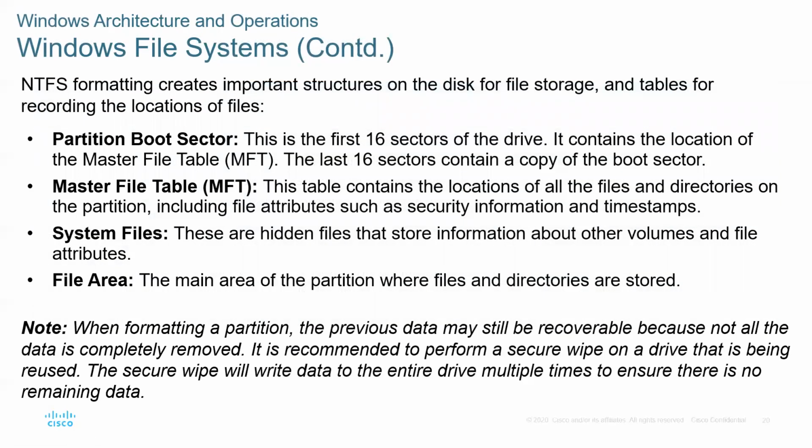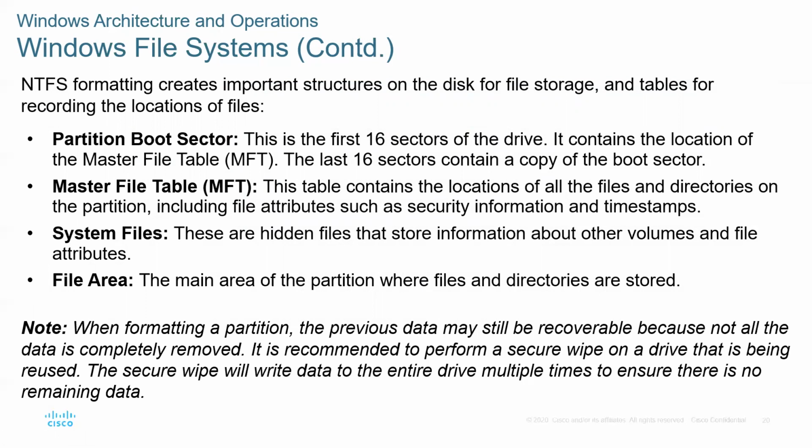When dealing with the file system, there are a couple of different structures. I have the partition boot sector, which is usually just the first 16 sectors of the drive. It contains the location of the master file table, or the MFT, and the last 16 sectors contain a copy of that boot sector.